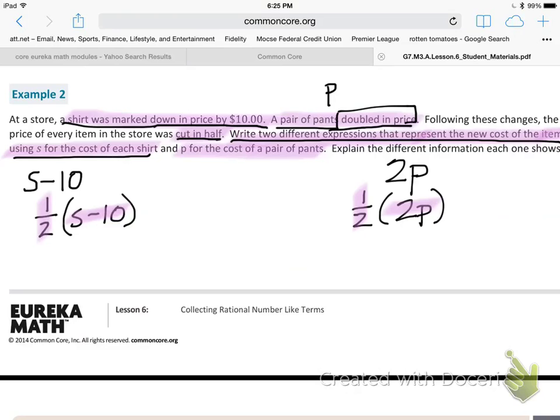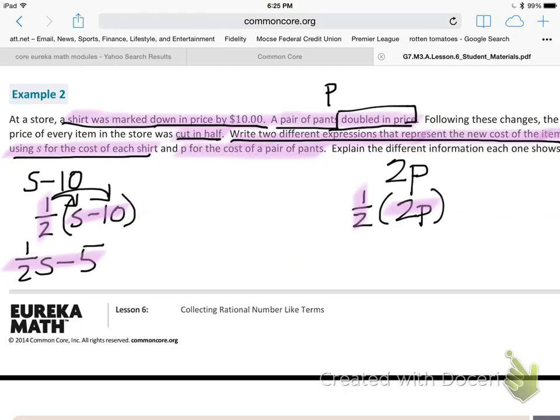Now the next way to write our shirt expression would be if we just distributed. So 1/2 times S is 1/2 S, and 1/2 times negative 10 is negative 5. Now we have a second way of expressing the new cost of the shirts.